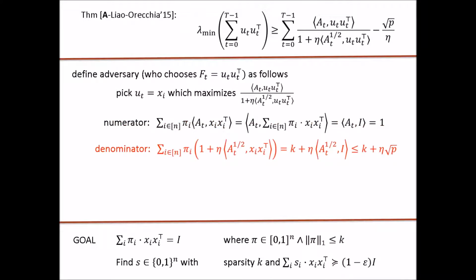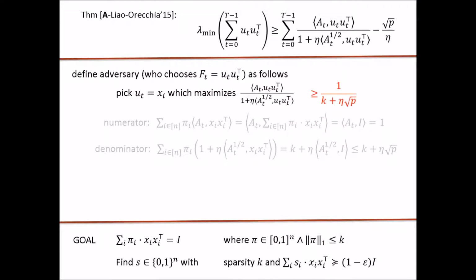And for the denominator, if I also do a weighted average over all different xi's, then I claim that the denominator has 1 plus eta times something. The one part sums up to k because the L1 norm of pi is k. And the second part, you can do the same thing. It becomes eta times the fractional covariance matrix, which is identity. And this becomes the trace of the square root of the matrix.